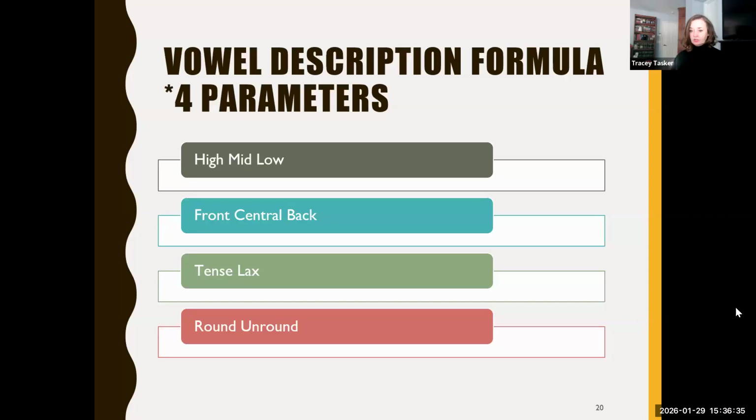And then we're going to talk about whether the sound is made with a tense tongue or lax. So again, E is tense and ah is lax. And then whether your mouth is rounded, so it's an O, or whether it's retracted, it's an E. Okay, so that's it for this introduction to vowels, and we're gonna jump right into front vowels next.